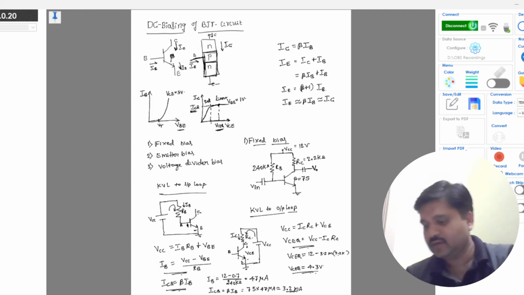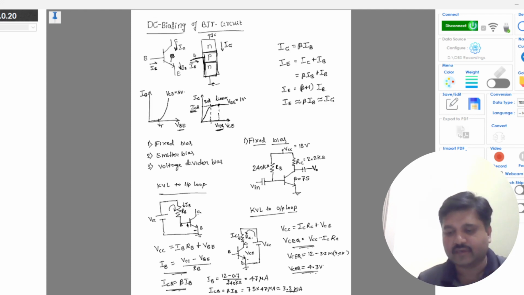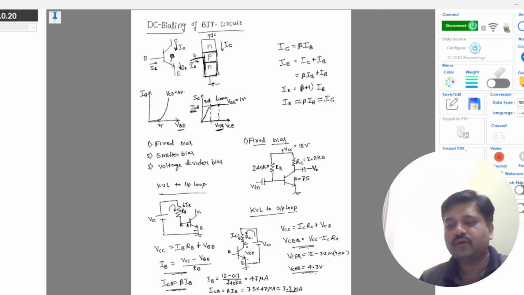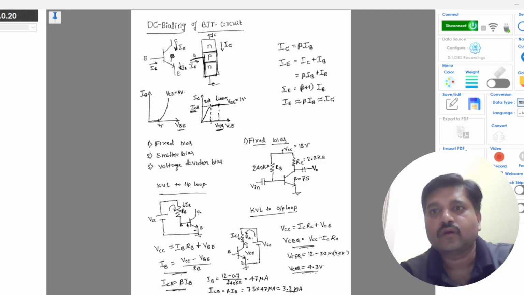So this is the bias point, the output bias point for the circuit using the fixed bias technique. So you can also make use of other types of biasing circuits. On to the next.